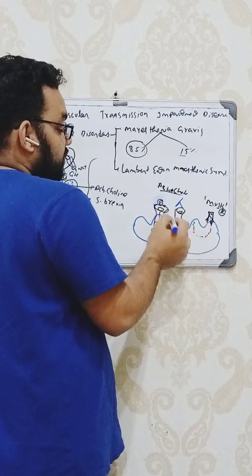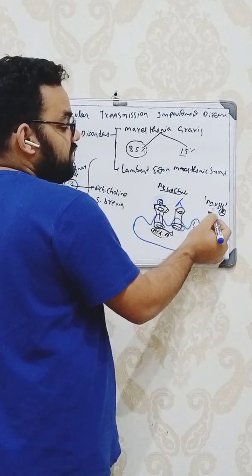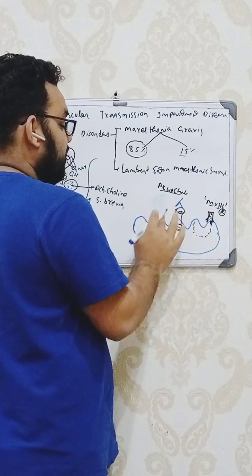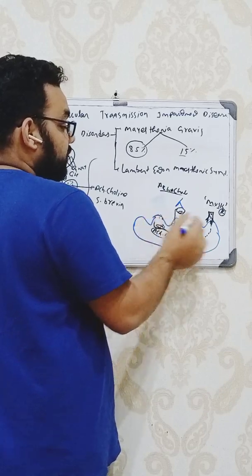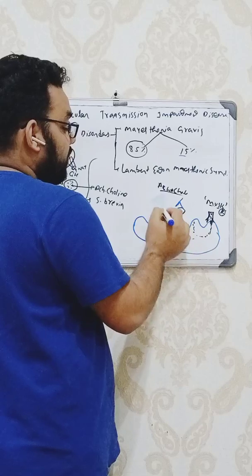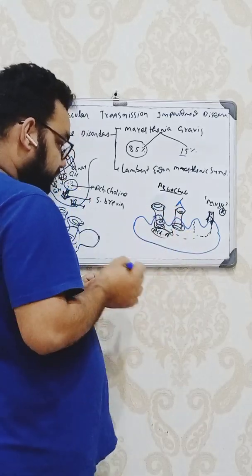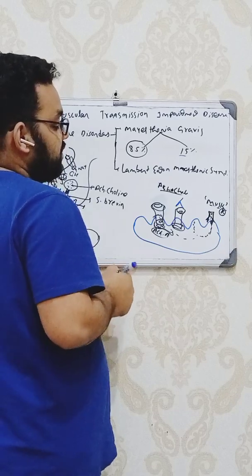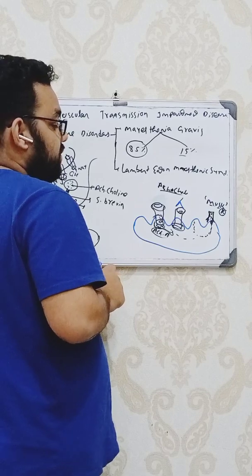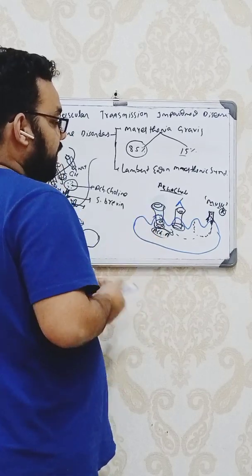Then instantly, to make new receptors, the MuSK protein will help to form the new receptors again. So the main function of this MuSK protein is to regulate the formation of acetylcholine receptors on the muscular crest.